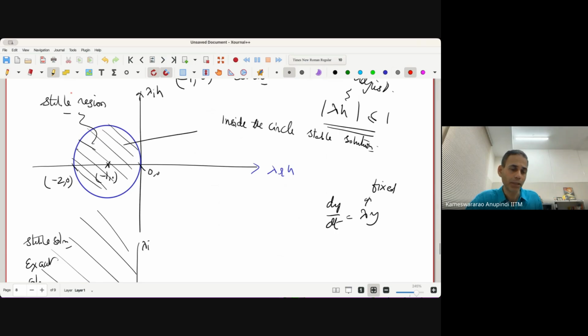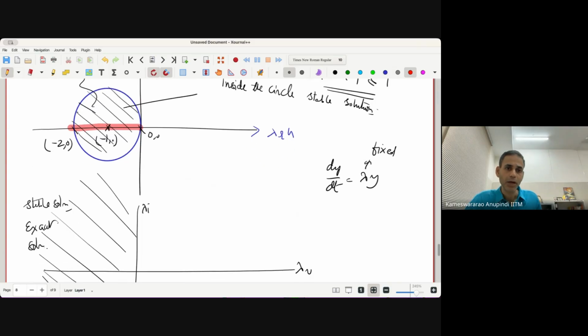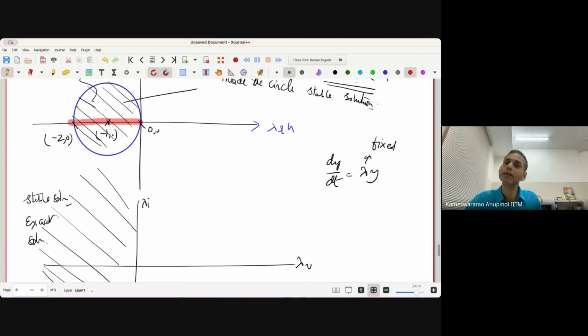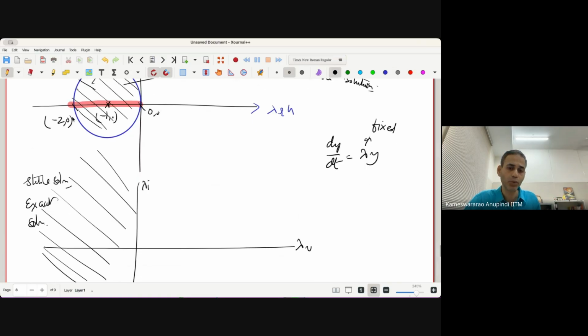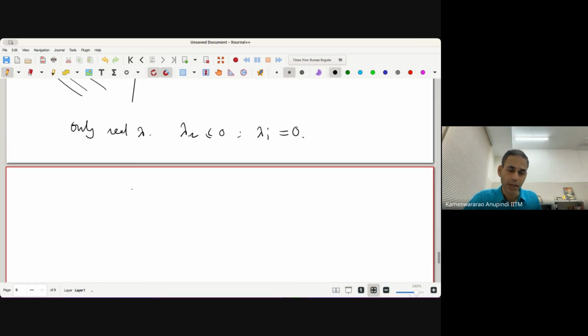I am on the x-axis, right? Because lambda I is 0, I can be anywhere on the x-axis, but then I cannot take anything more than 2. So for that reason, the modulus of lambda r times h should be less than or equal to 2, right? It cannot be more than that.